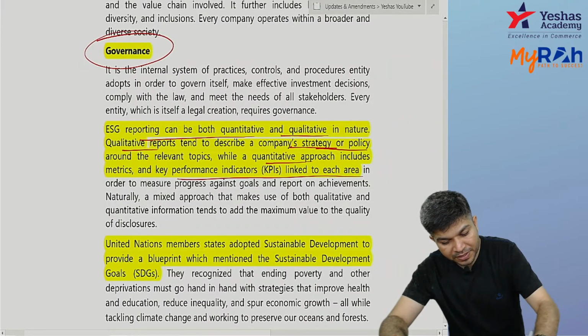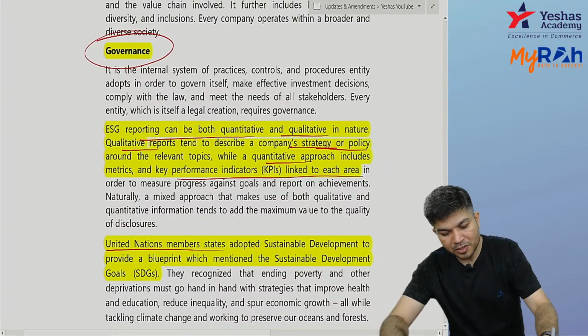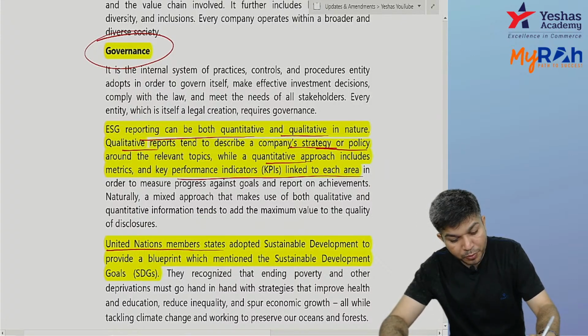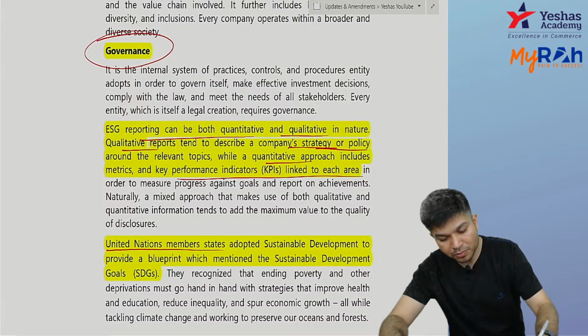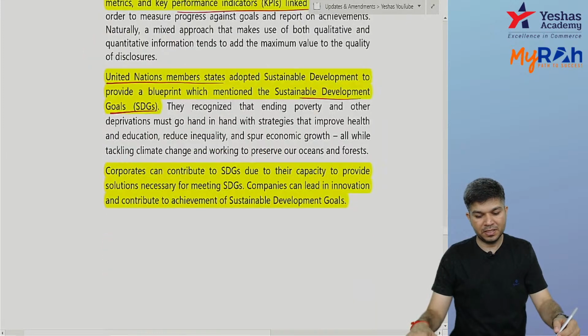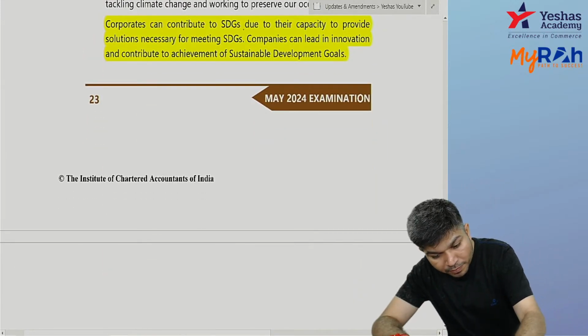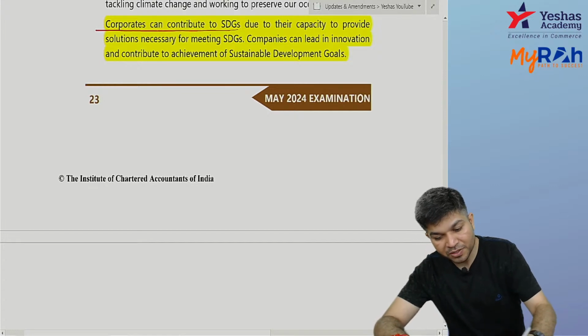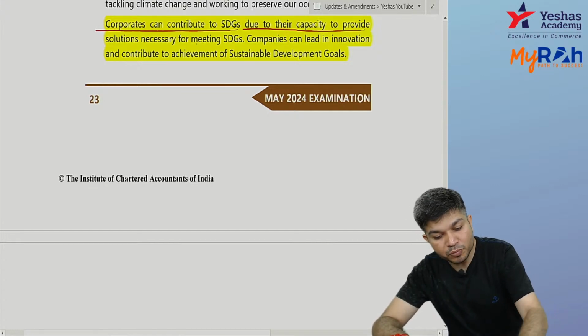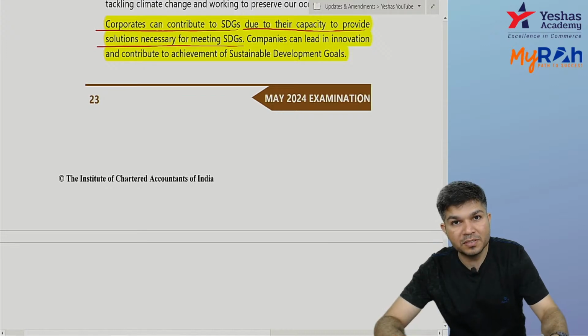United Nations member states have adopted sustainable development to provide a blueprint which mentions the sustainable development goals. Okay, ending poverty, all that is there. Corporates can contribute to the SDGs due to their capacity to provide the necessary solutions required for them.